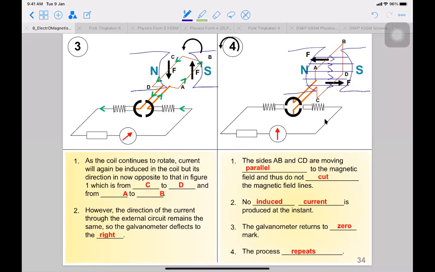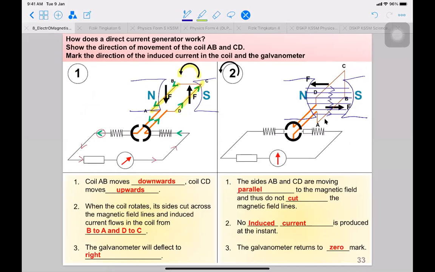Now, there is one more thing: why there is no deflection on the galvanometer in step number 2 and number 4. Look at the position of the slip rings.